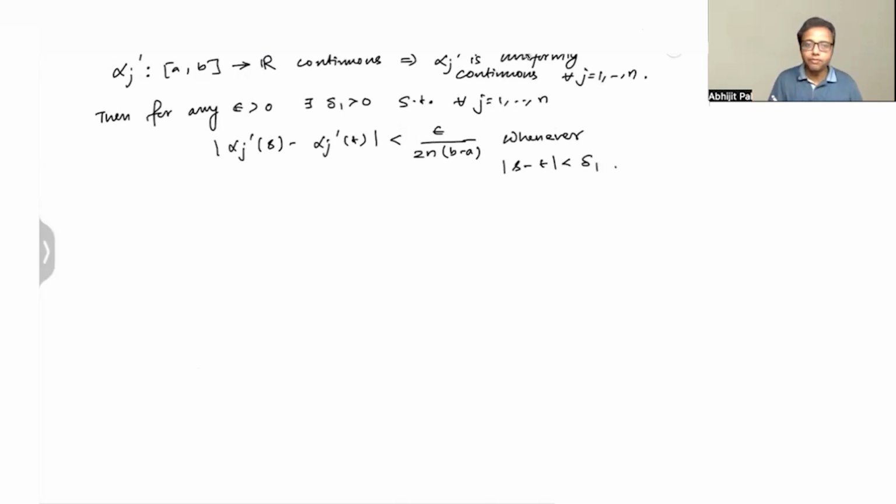Okay, so this is the meaning of uniform continuity. All right, and next, we know that this integral exists.